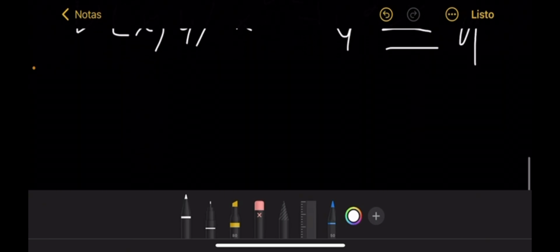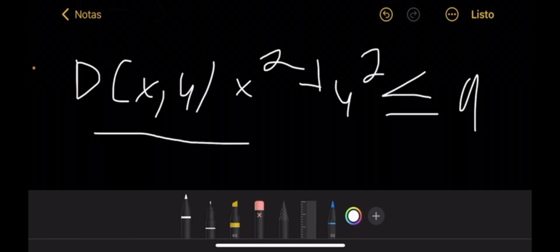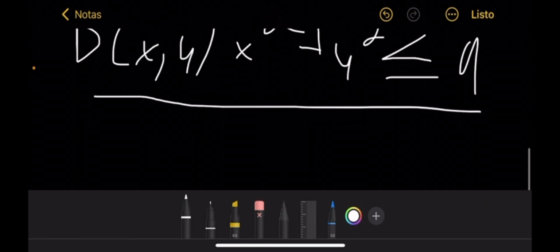And with that, we can see our domain. We can see that the domain equals the values where x squared plus y squared is less than or equal to 9.